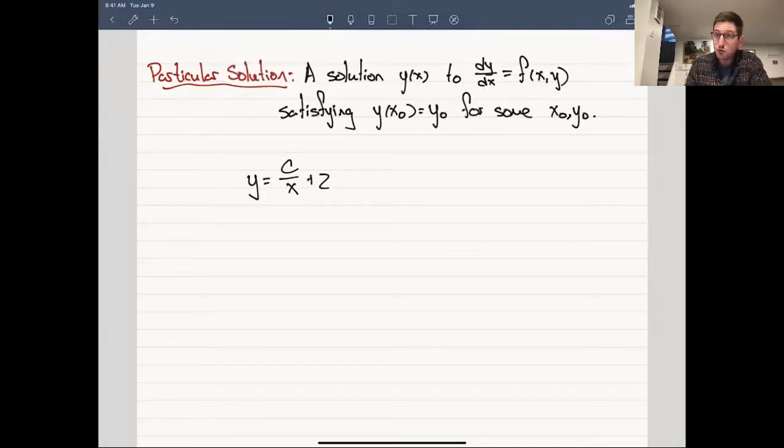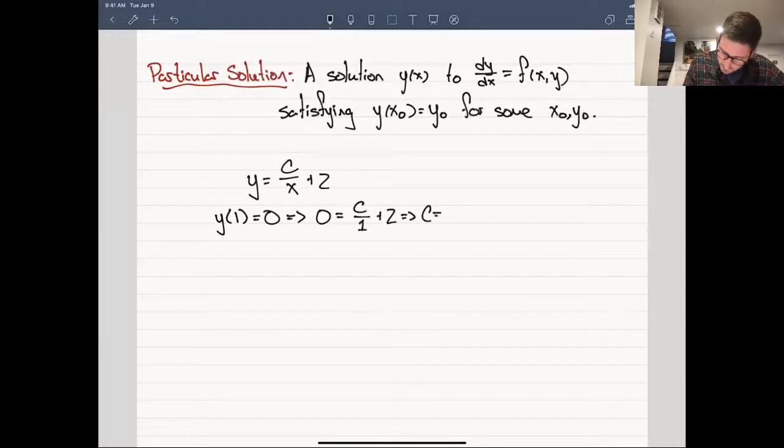If I restrict to some x0 value so that I have to have some y0 value, that will pin down the value of c that I have to have here, right? So if, for example, I want y of 1 equal to 0, this would give me that 0 is equal to c over 1 plus 2, which tells me that c is equal to minus 2.